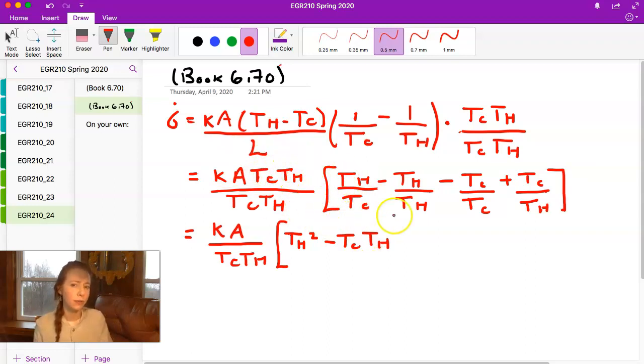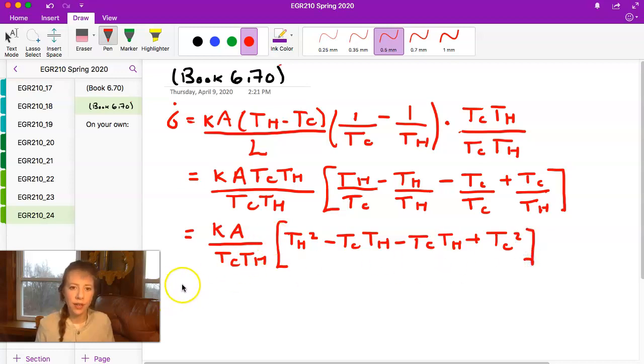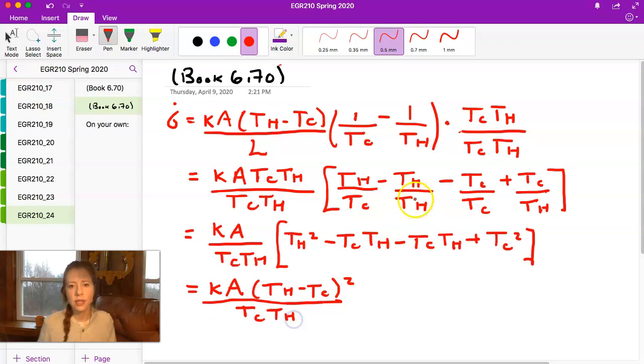So I'm just going to keep going through in that regard. Minus TC TH plus TC squared. And so this is going to give us kappa times area times TH minus TC squared over TC TH.